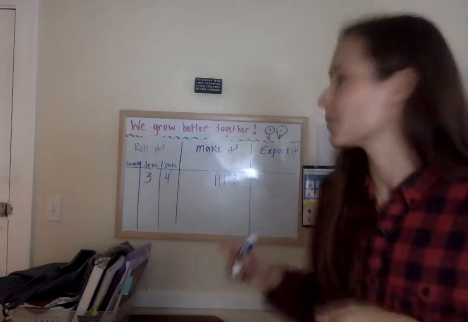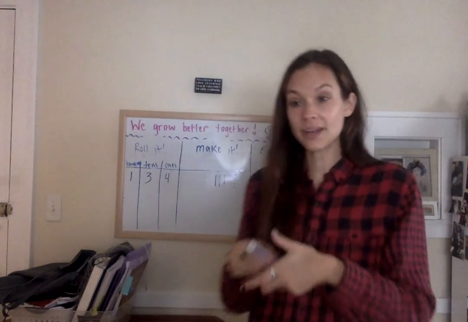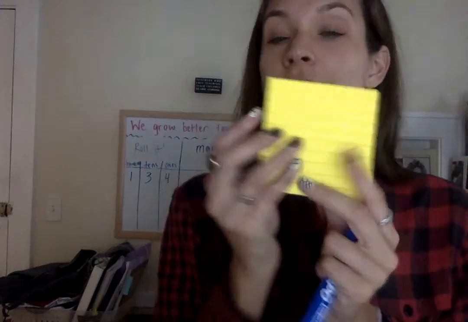Okay. Now I'm going to roll it again. Ooh, I rolled a 1. So I'm going to put a 1 in the hundreds place. So how many hundreds do I need? 1. Now if you're looking at your base 10 blocks and you see a flat like this, this is 100.